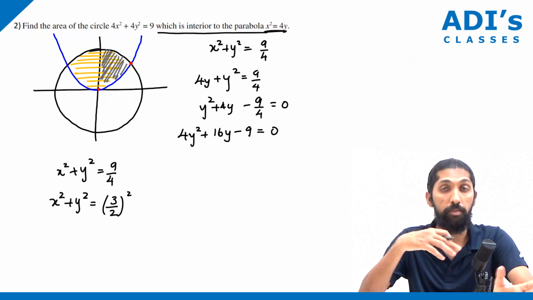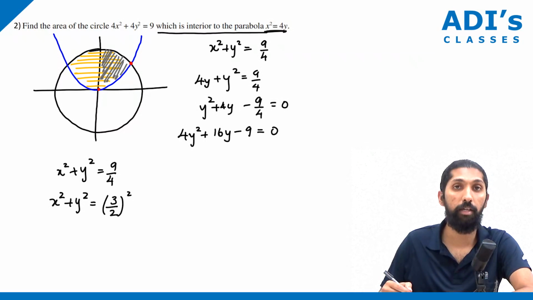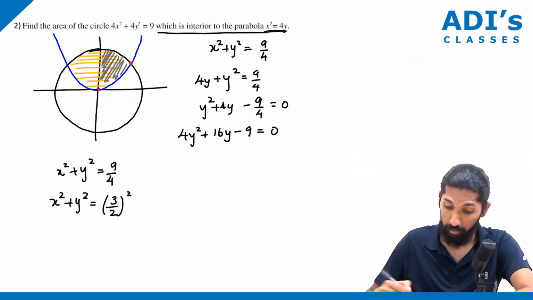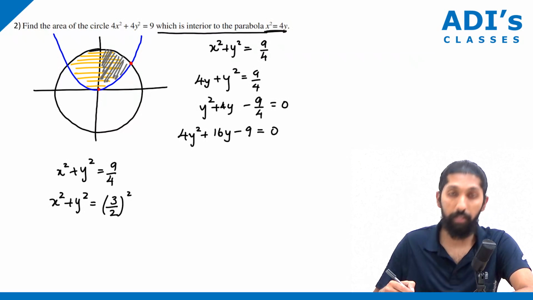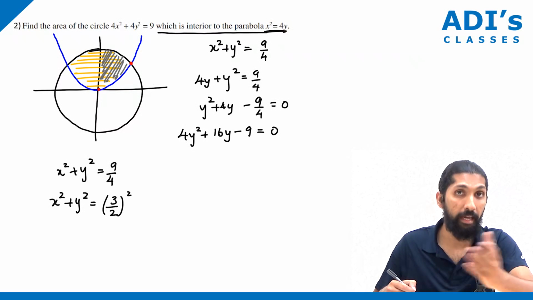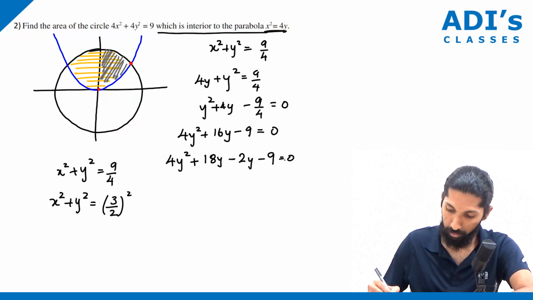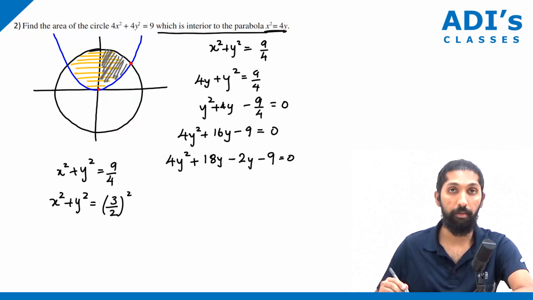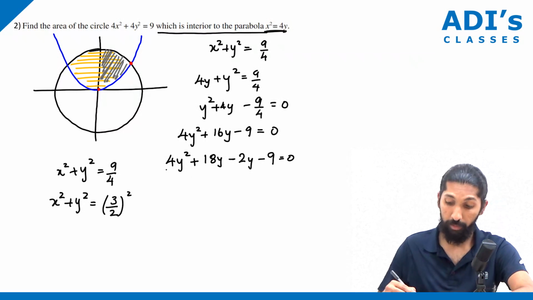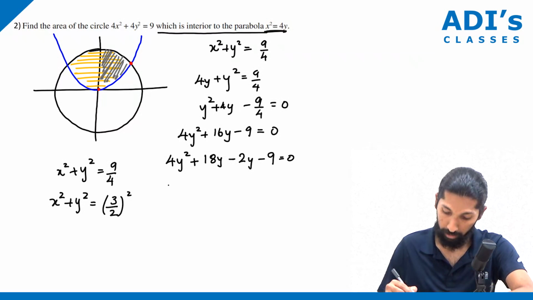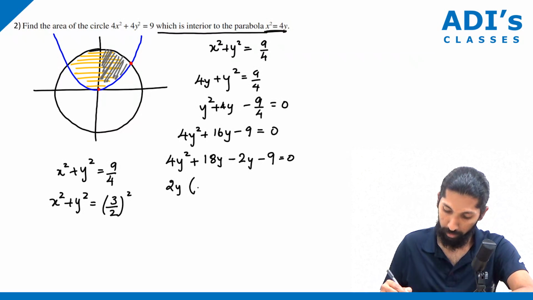Now splitting the middle term, 4 into 9 is 36, and 36 we need to split to get a value of 16, 18 and 2. So we'll get 4y square plus 18y minus 2y minus 9 is equal to 0. Now if you want, you can take 4y square and minus 2y, so you can take 2y common. 2y into 2y minus 1.